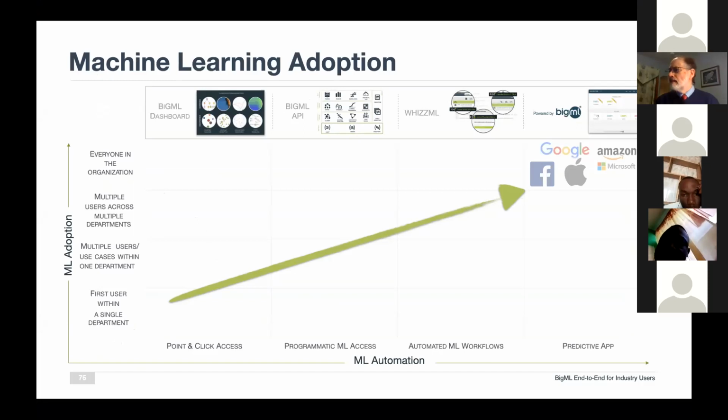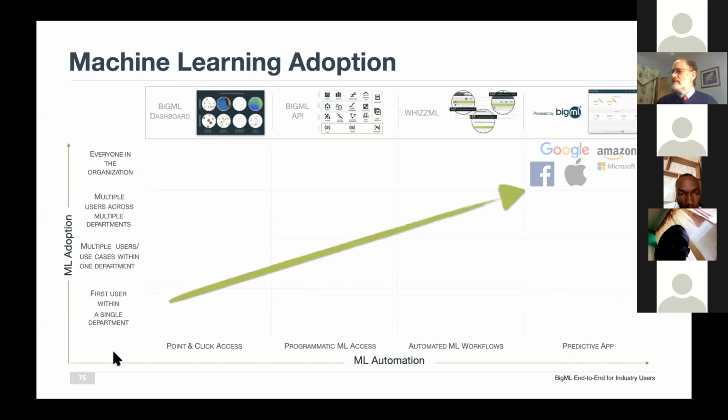there is a curve that businesses need to go through to adopt machine learning. It starts, in general, with the big tech companies on top, so they have predictive apps, and everybody in the organization is using machine learning.